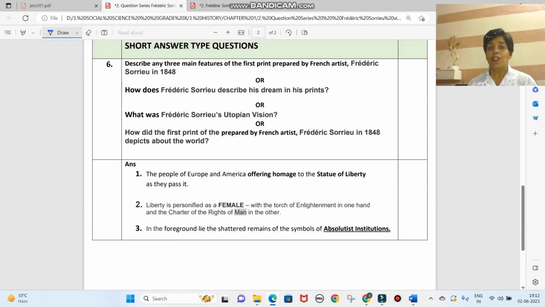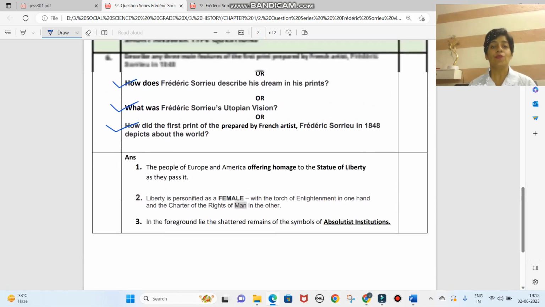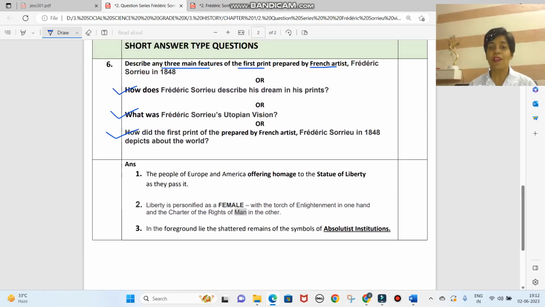Then 3-mark questions. Describe any 3 main features of the first print prepared by the French artist. This question can also be framed in different ways. So here you can mention 3 important points. The first is that the people of Europe and America were offering homage to the Statue of Liberty.